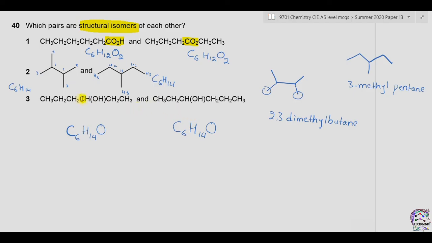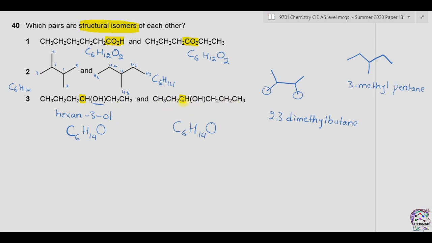In the first one we have OH group attached with this carbon atom, so this is an alcohol, while in second we have OH group attached to this carbon atom, so it is also an alcohol. So the name of this alcohol will be 1, 2, 3, 4, 5, 6. So we have hexane, and OH is attached to the third carbon atom, so hexan-3-ol.